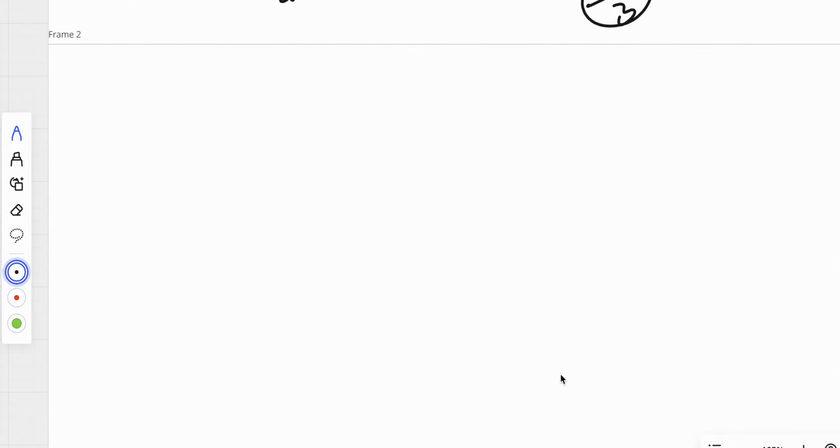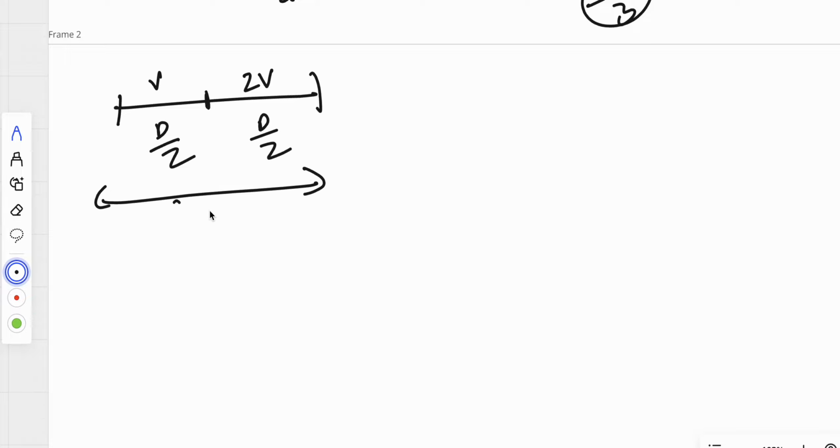Now what is the intuition saying? Intuition is saying that the vehicle is there. First distance it travels at v, second distance it travels at 2v, right? This entire distance is d. So what will be the average? Average will always be between v and 2v, right?